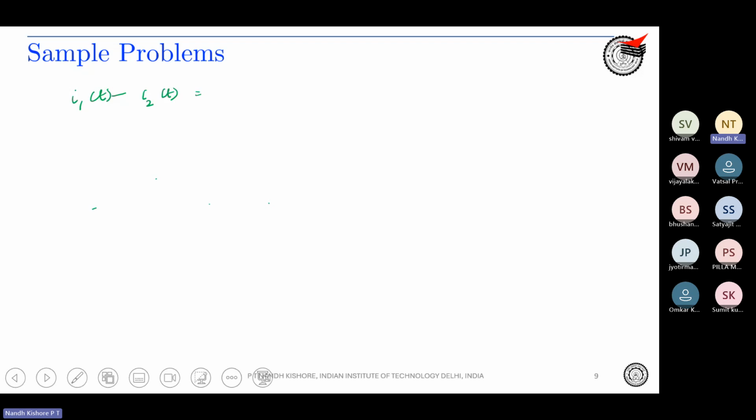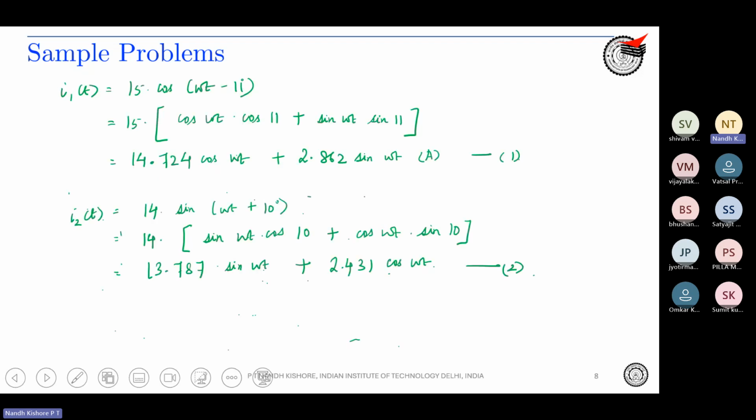Okay, so we will take the cos terms together. So 14.724 minus 2.431, correct?